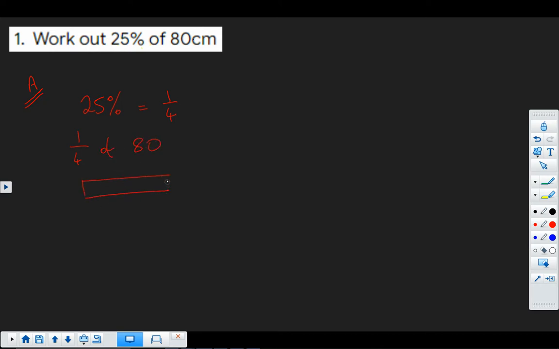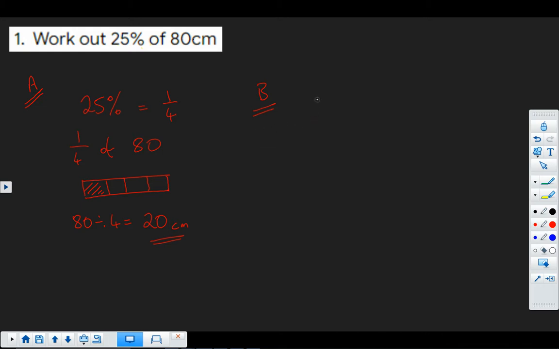Just reminding ourselves that our quarter is dividing into 4, so 80 divided by 4, which is 20 centimetres.